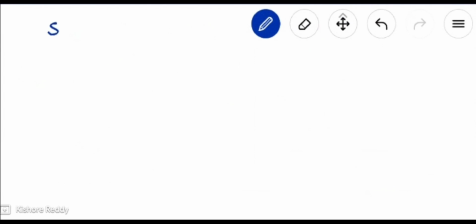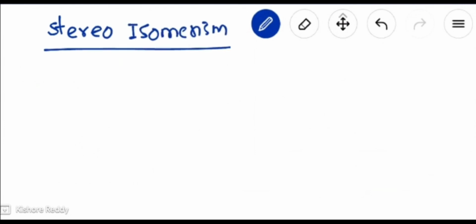Second one is just an introduction for you, which is known as stereoisomerism. Okay. See, what is meant by stereoisomerism? Earlier you have taken structural isomerism only. It is not showing any three-dimensional structure.